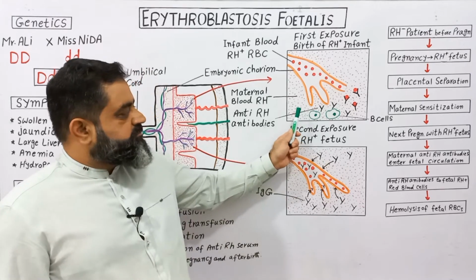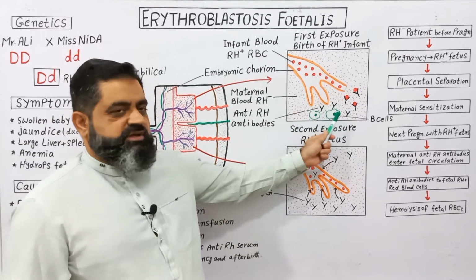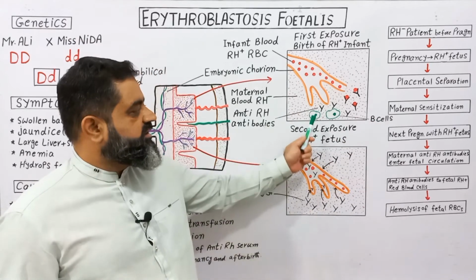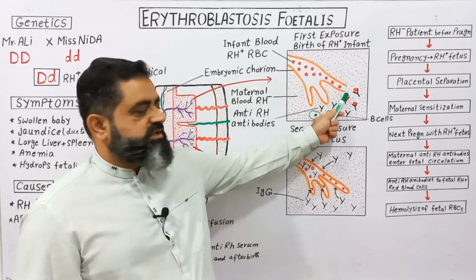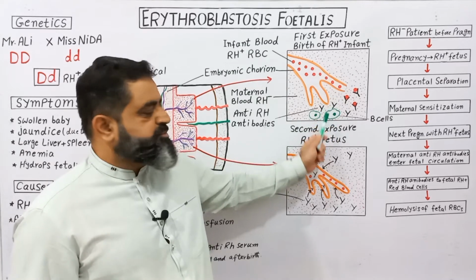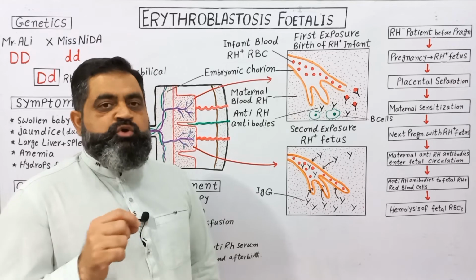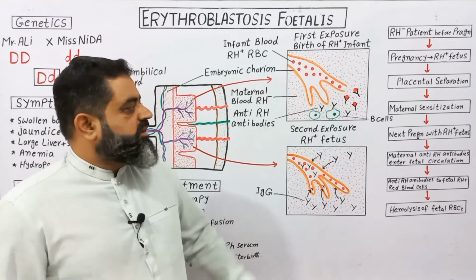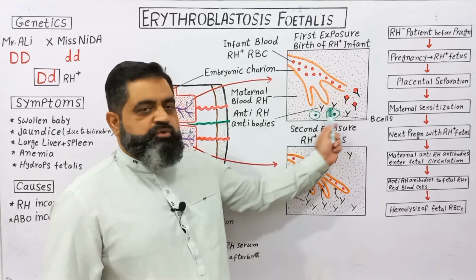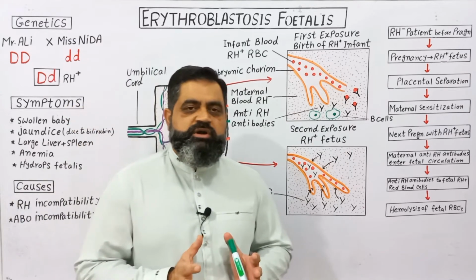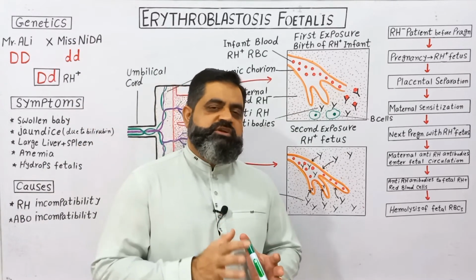In the maternal body there are white blood cells known as B cells or B lymphocytes. When they encounter these red blood cells from the fetus, they produce antibodies known as immunoglobulin G in a very large amount. At this point, there is no particular damage to the mother or the fetus.